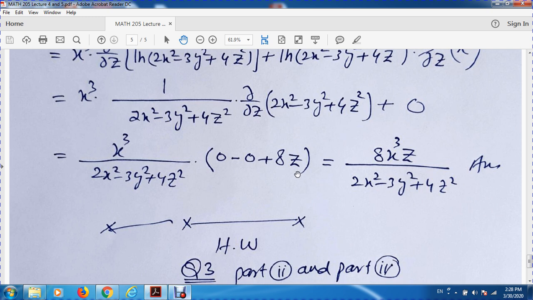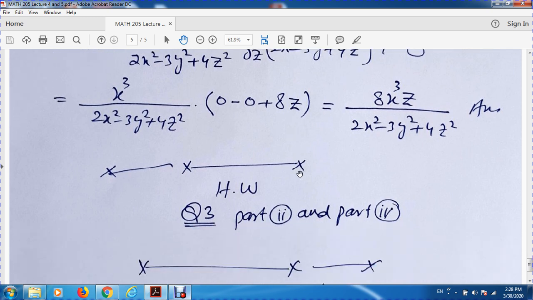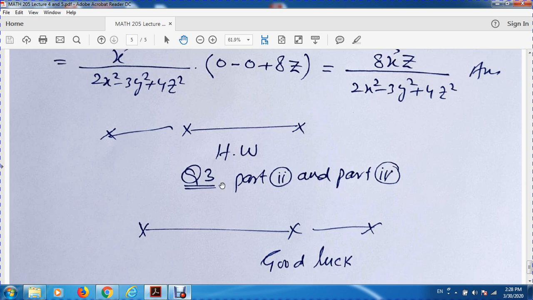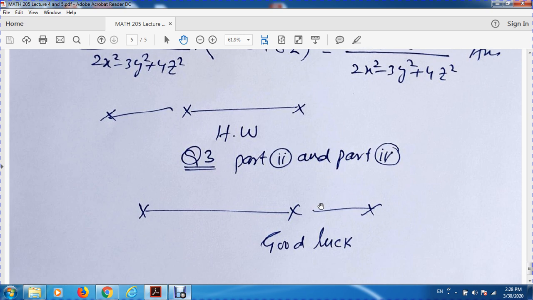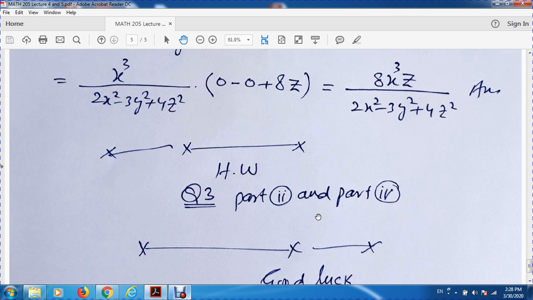I hope this is clear, and if it is clear, you can solve question number 3, part number 2, and part number 4. Still, if you have any question or any problem, we can discuss it in our next lecture. Our next lecture is on Tuesday and Thursday from 8 to 9 on Moodle.